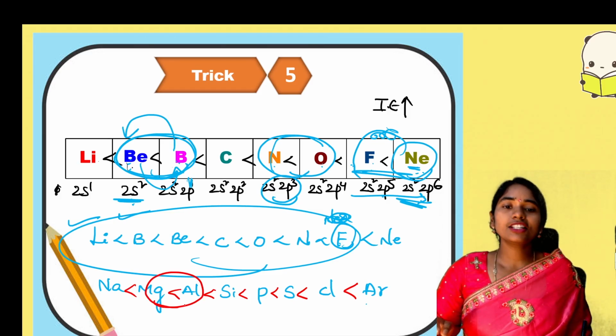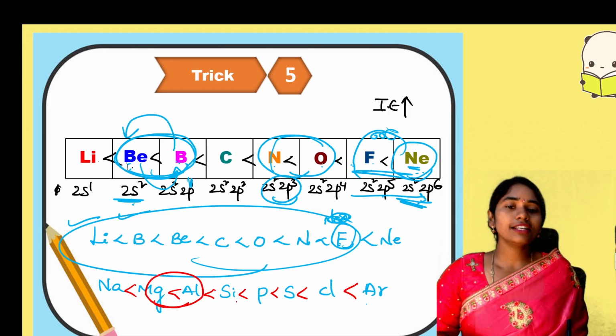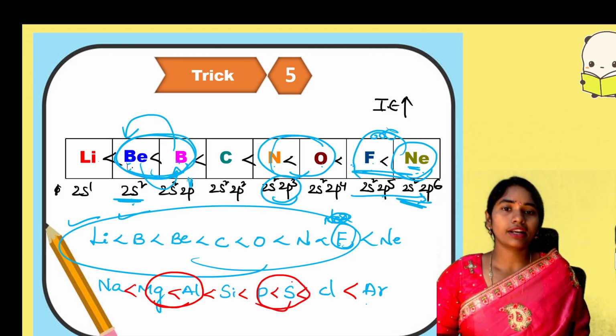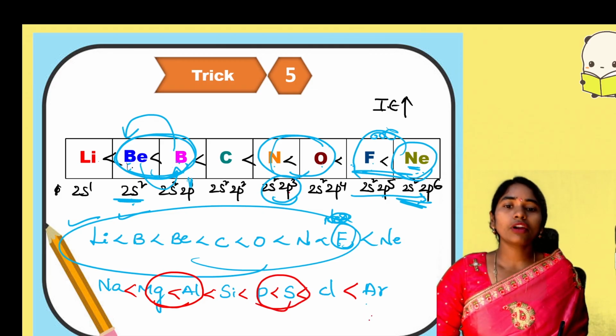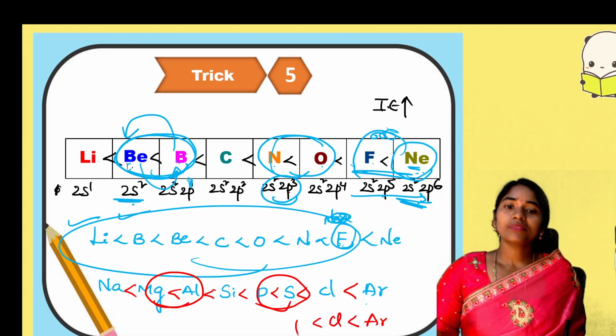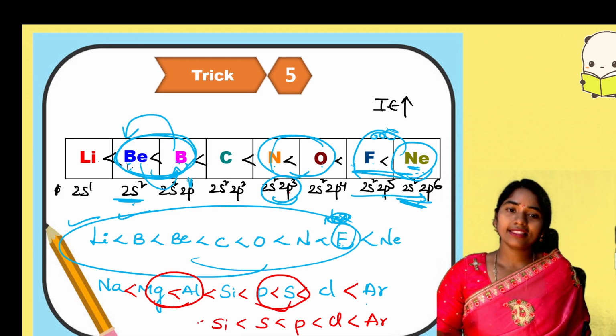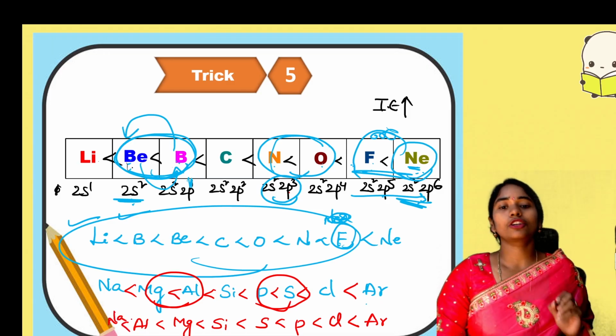One is magnesium and aluminium. The other one is, students, phosphorus and sulfur, correct? Then what will be the correct order? Argon has the most, then chlorine, then phosphorus, then sulfur, silicon, then magnesium, then aluminium, and then sodium. This is the correct order.